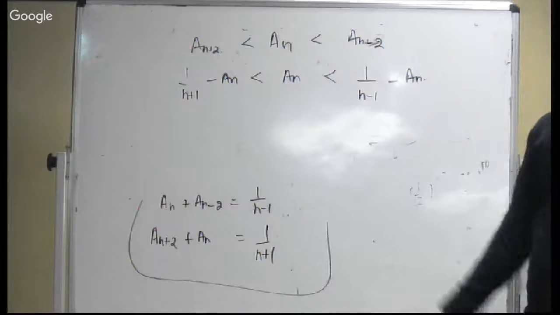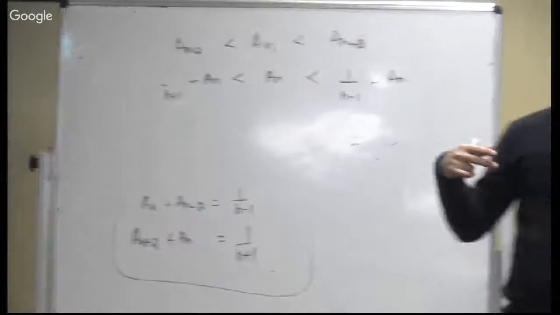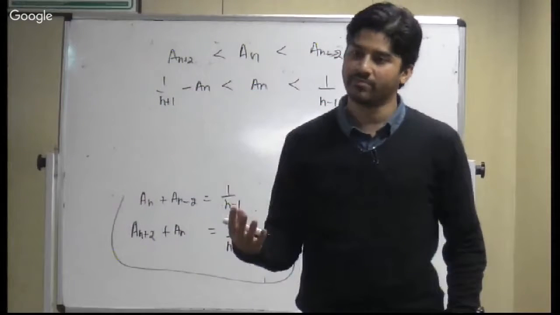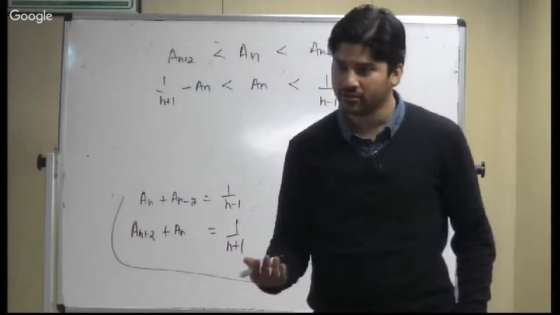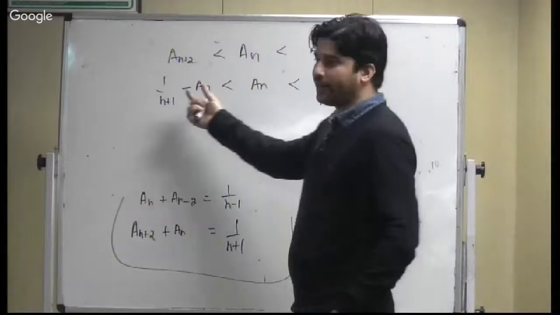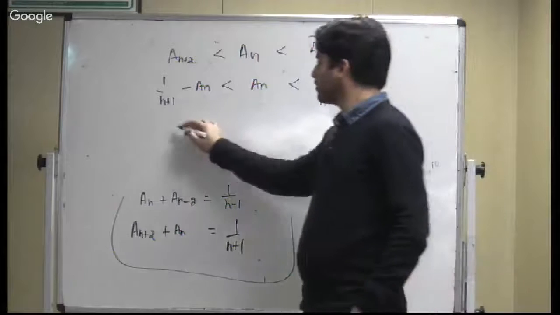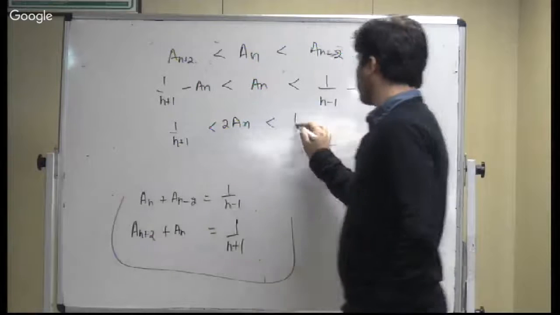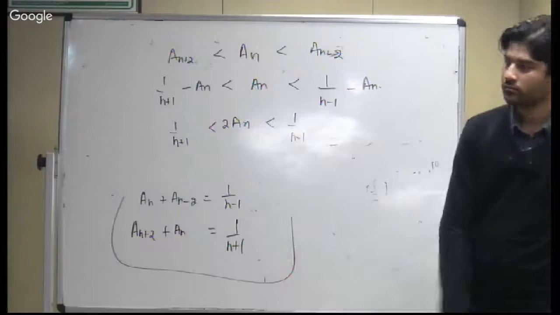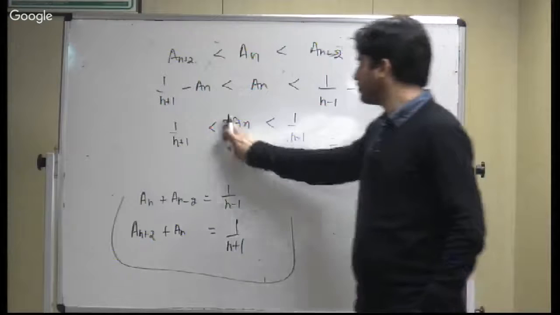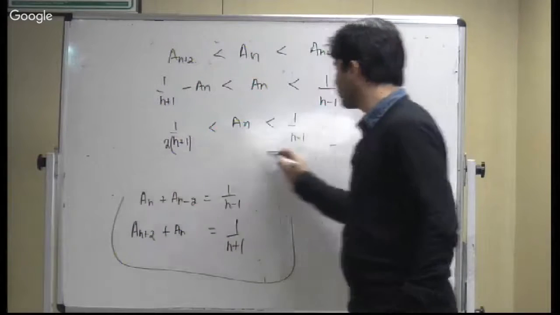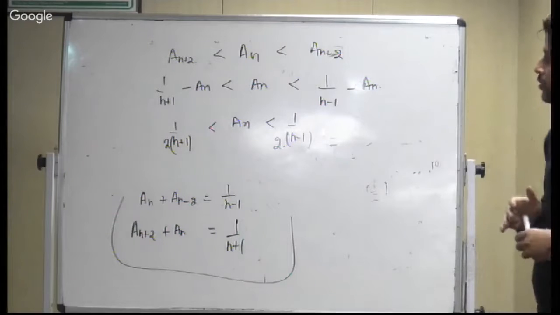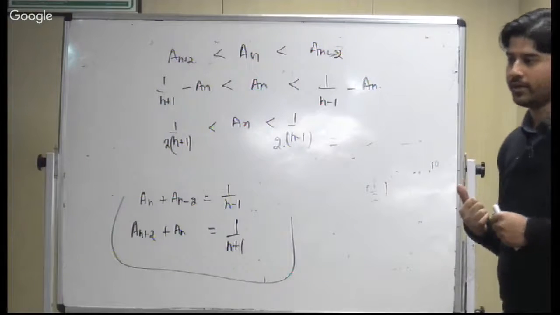If I add the same terms to all the sides, the inequality doesn't change. So I'm going to add an to all the sides. Okay, proof. No issue with it. Good question, right?